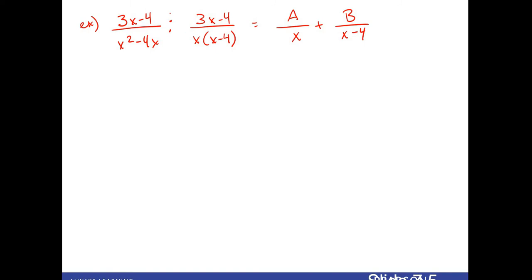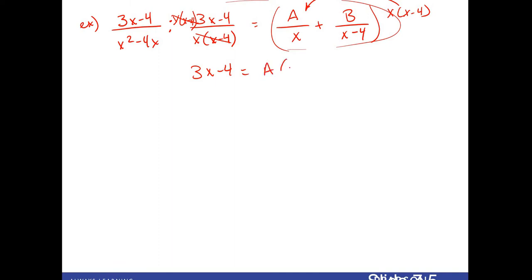So let's take a look at this problem that we're dealing with here. So looking at this, if I multiply both sides of this equation by my denominators and multiply this side by x times x minus 4, this side just becomes 3x minus 4, and distributing, multiplying times the first fraction, the x's cancel, and I have a times x minus 4.